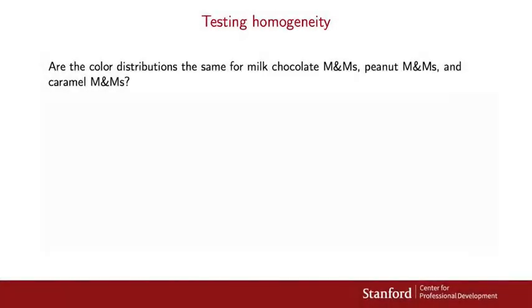Here's a different question about colors in M&Ms. Is the color distribution the same for milk chocolate M&Ms, peanut M&Ms, and caramel M&Ms? So in this case, we would have to compare several populations. That is called a test of homogeneity.